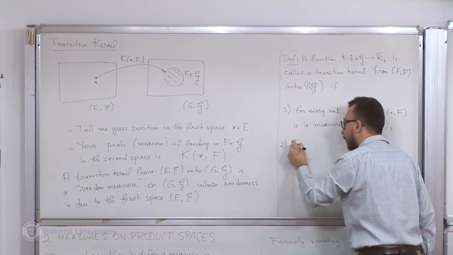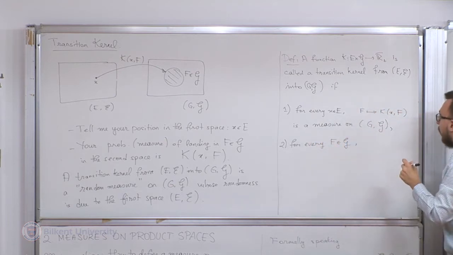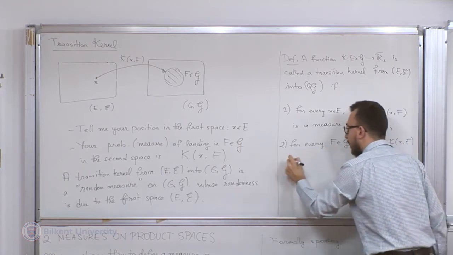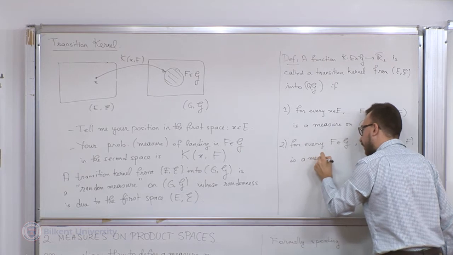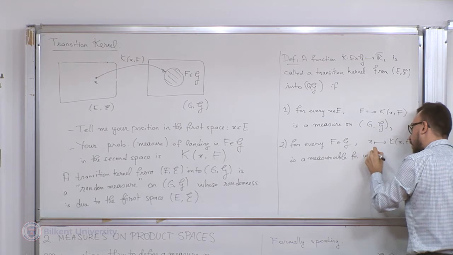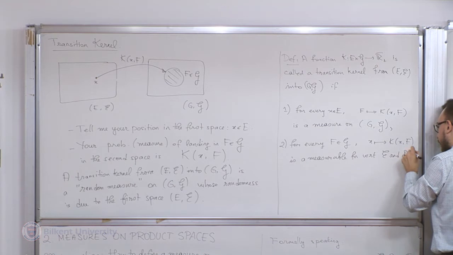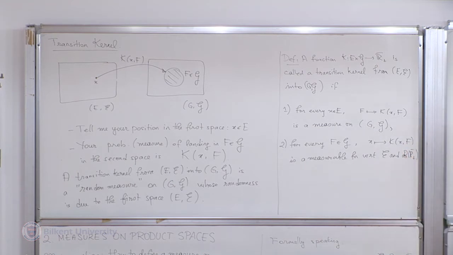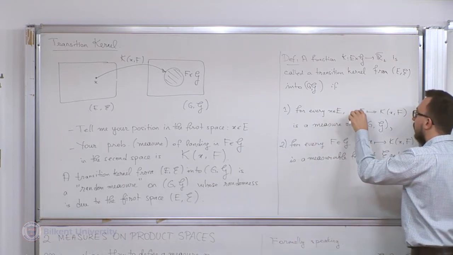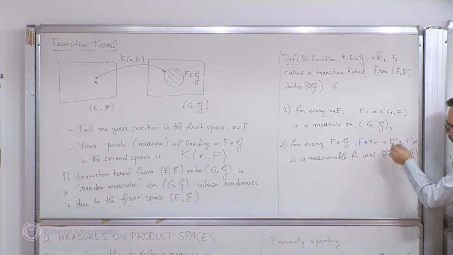Second, for every F, so now I'm fixing my second variable, x maps to K(x, F) is a measurable function with respect to script E and script R bar plus. Of course, this x is in E, and this is just a positive number, including plus infinity.